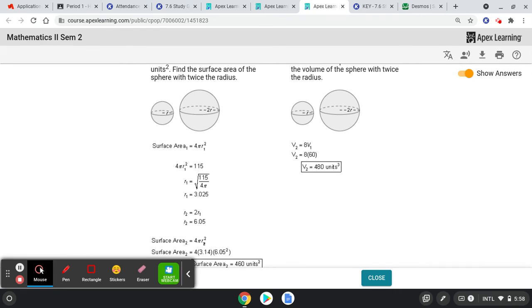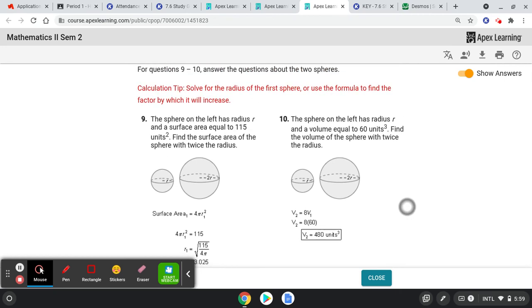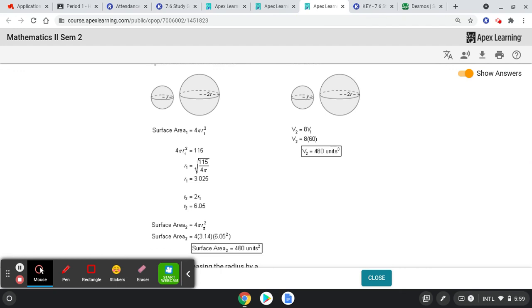And over here, you're working backwards with that volume. And then instead of doing the volume formula, we're then doing 2 times that radius in this part over here. Okay, so I wanted you to be able to see this. This key will be attached as well for your reference.